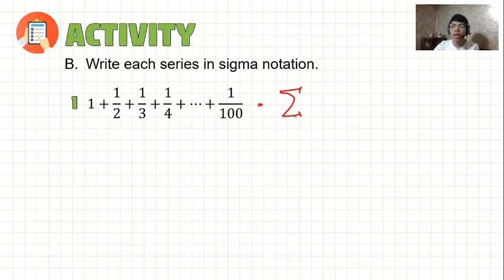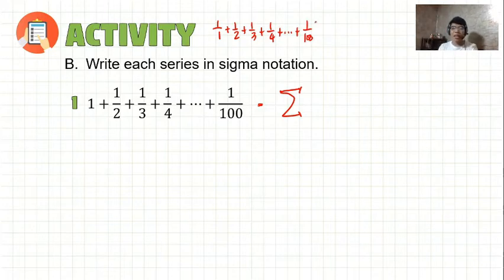Summation of. So, what is the a sub i that we will put here? Now, observe from our series here, it is a fraction. Right? So, it starts at 1 over 1. So, let me just make 1 a fraction so you can see the pattern. Plus 1 over 2 plus 1 third plus 1 fourth plus until 1 over 100.